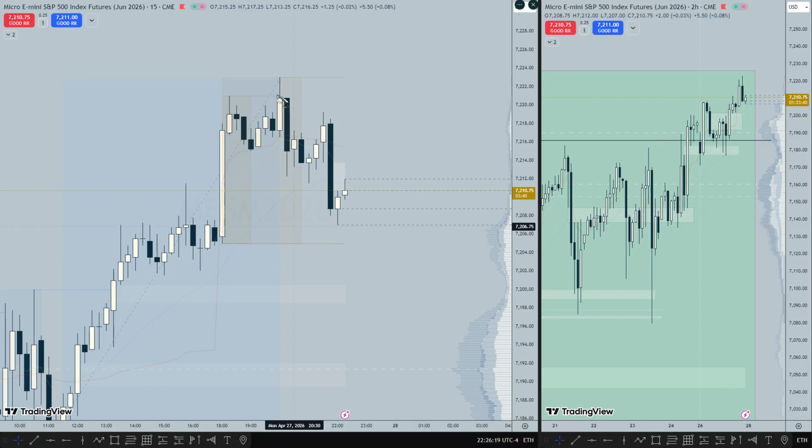Or we could come down from the high and then just stay inside of this big imbalance like we're doing right now. So this is very important with these kill zones. From the high or the low sweep, we're either going to, like I said, return back into the kill zone or we're going to trade away from it, either direction.